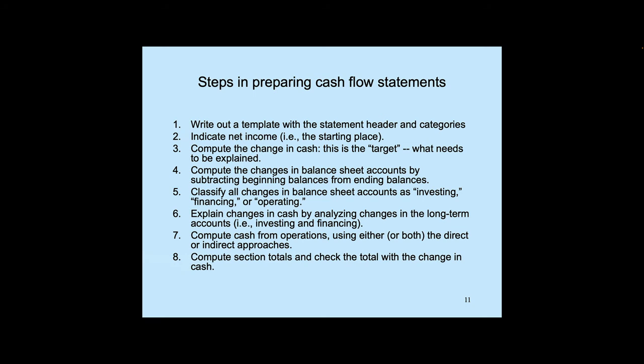And number 8, we're going to compute the section totals and add them up and see if it works. Theoretically, according to that algebra that I just showed you, if you explained all of the changes in all of the balance sheet accounts, then you have explained the change in cash. And number 9, we're going to report the non-cash investing and financing activities.